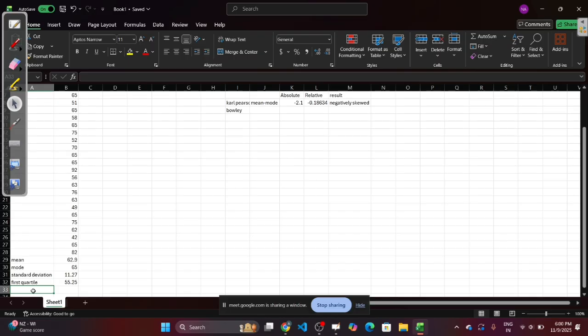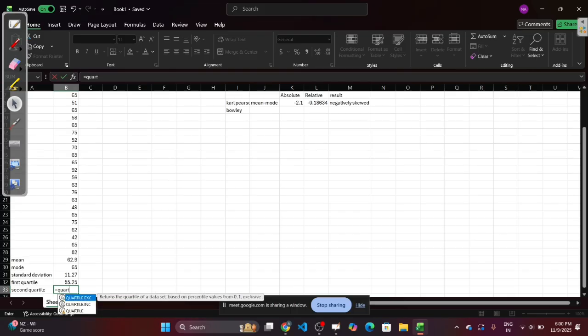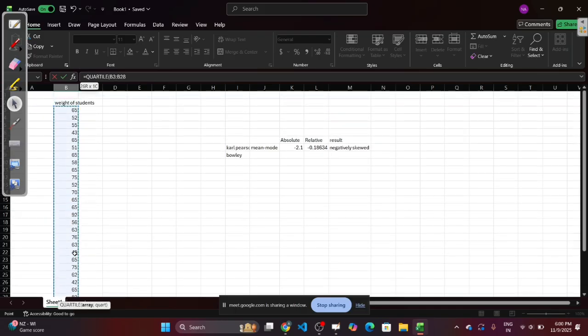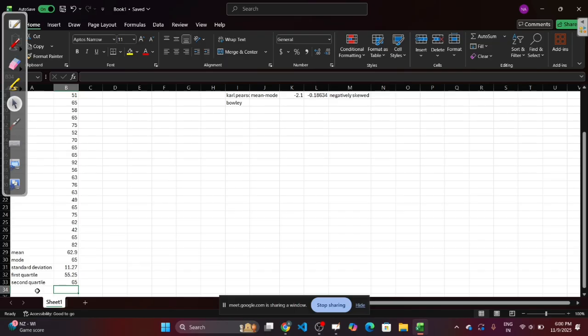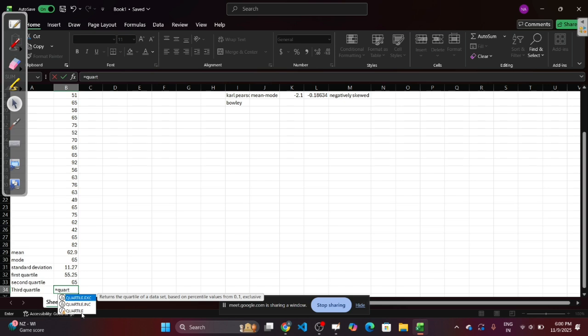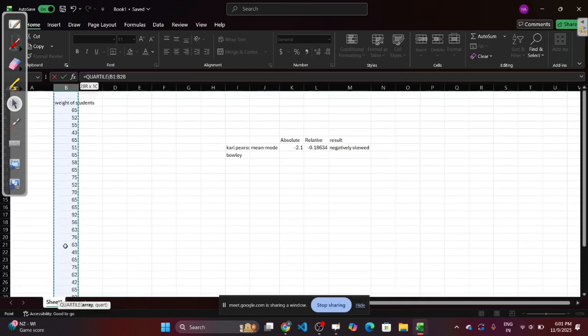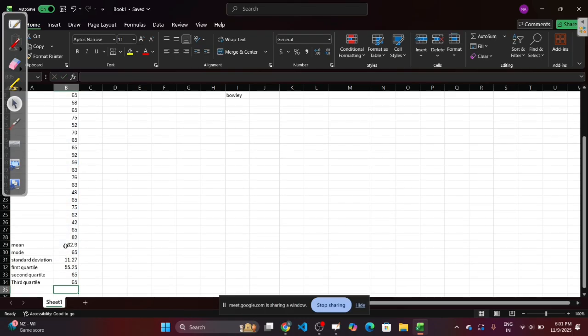Then you need the second quartile. The second quartile is nothing but the median. Equal quartile again, 2. And the third quartile, equal quartile, 3. I had entered 2 earlier, so the second and third quartile values are the same.